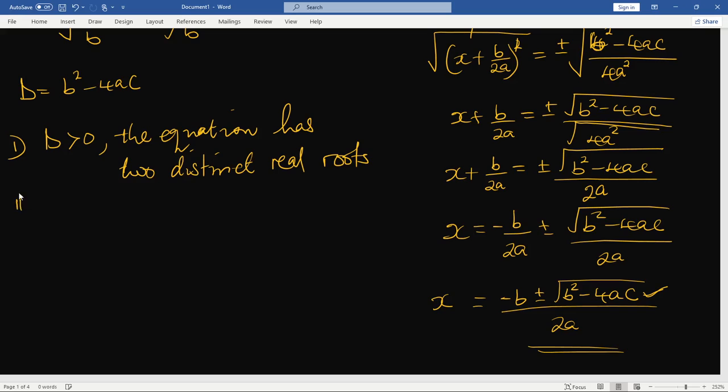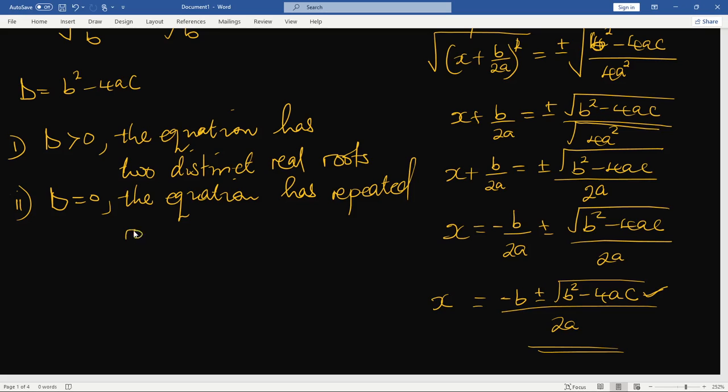Then the second condition, if the discriminant is equal to 0, it simply means that the equation has repeated roots. Of course, the roots that we have are real numbers, so it has repeated real roots.